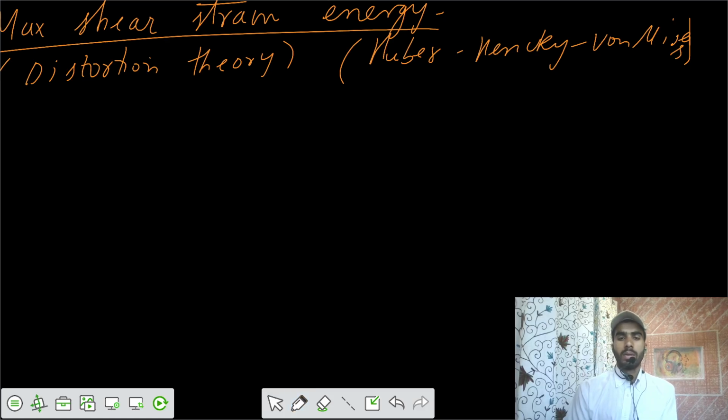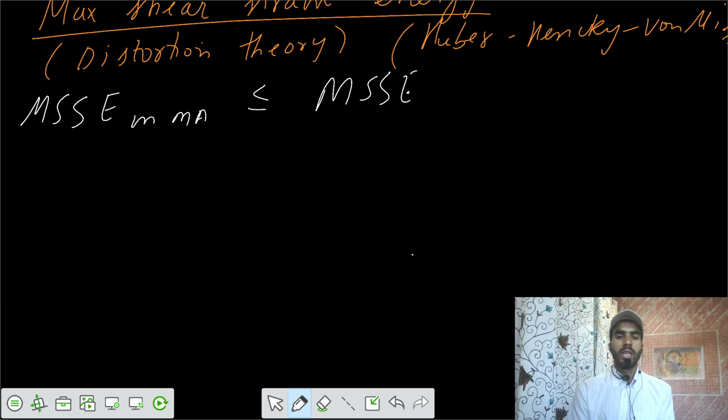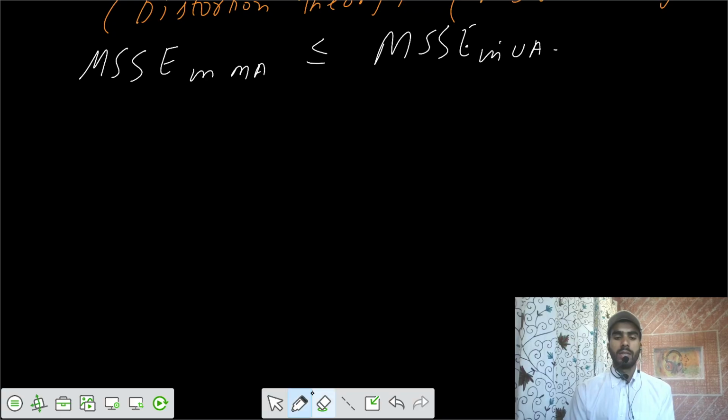It says that maximum shear strain energy in multi-axial loading should be less than or equal to maximum shear strain energy in uniaxial loading, and after that we have a long derivation for the calculation of distortion energy.